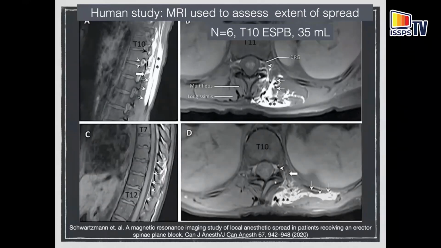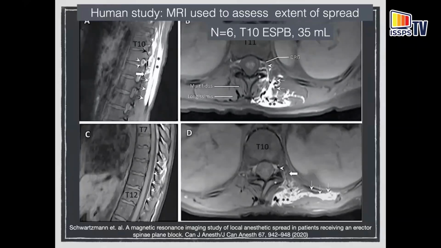The volume of injectate in the 6 blocks was 35 mils. It was actually 30 in 1 and 35 in 5. But anyway, 6 patients, T10 erector spinae block, and they also did MRI imaging of the patients, injecting gadolinium-containing injectate.